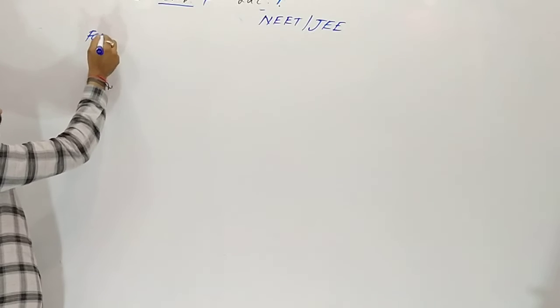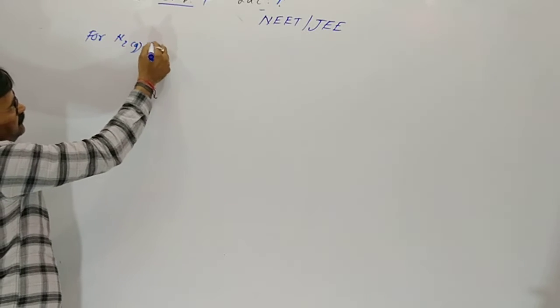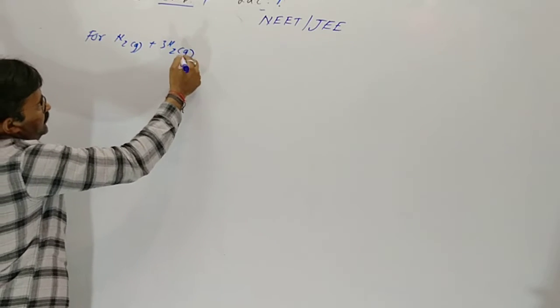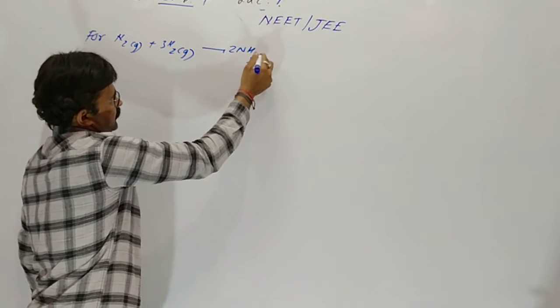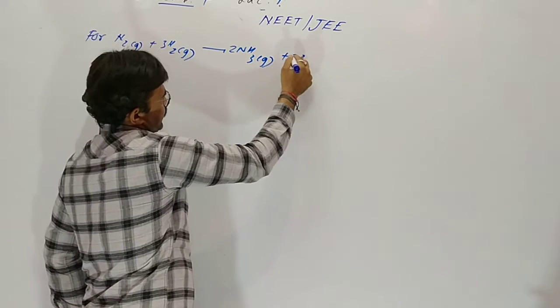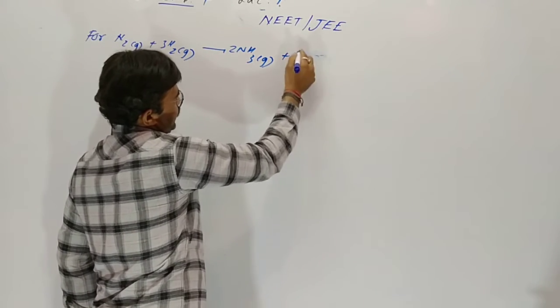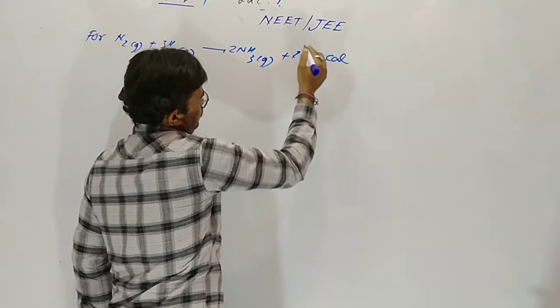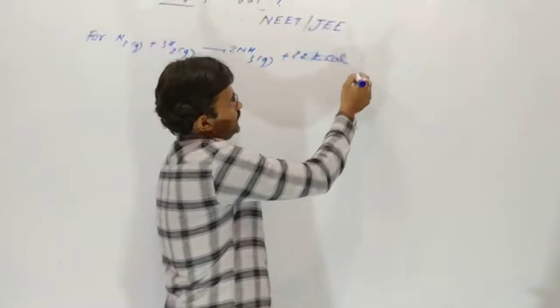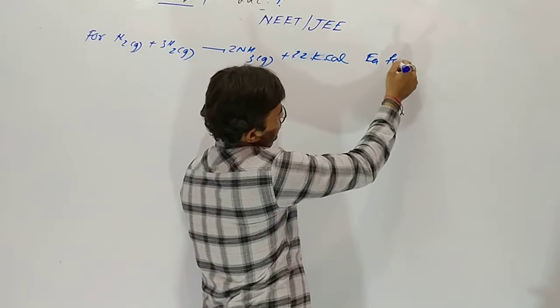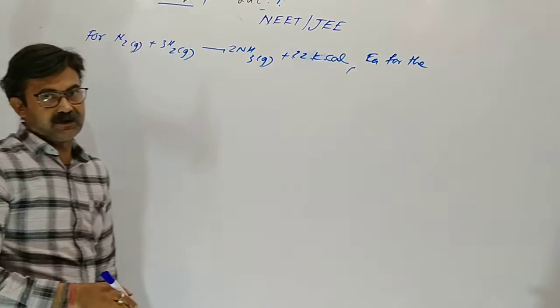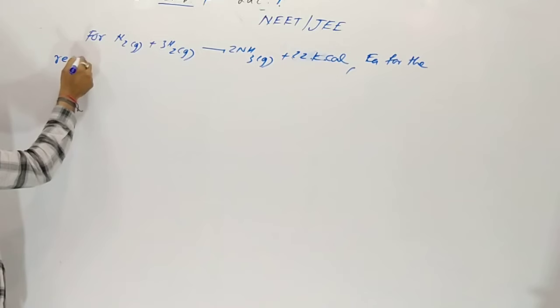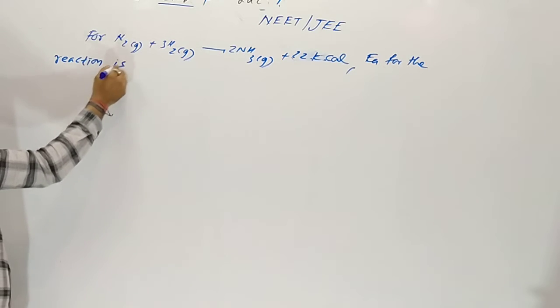So regularly watch. For nitrogen gas reacting with 3H2 gas gives 2 NH3 and liberates 22 kilocalorie heat. EA activation energy for the reaction is 70 kilocalorie.